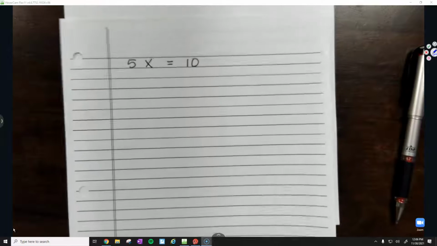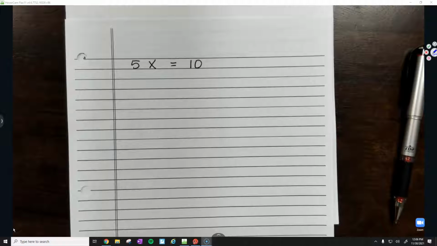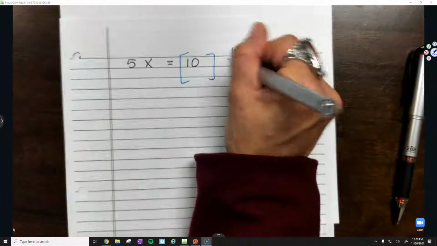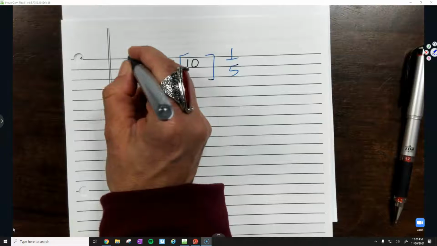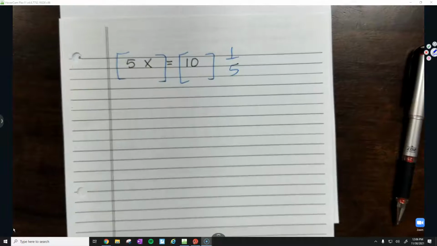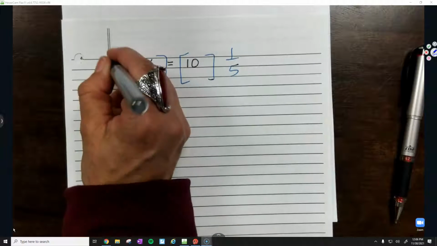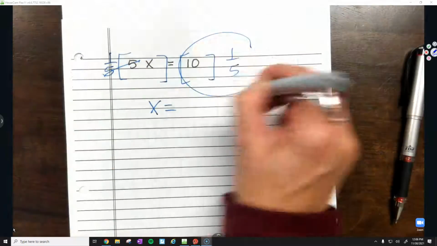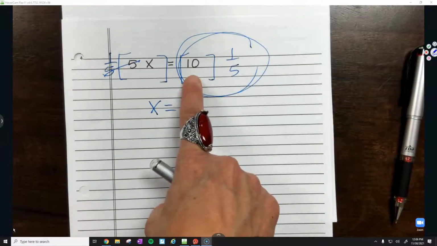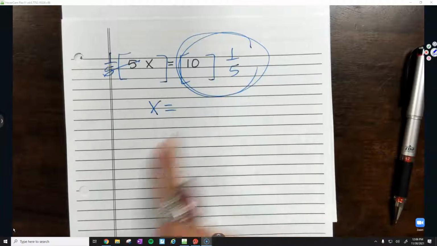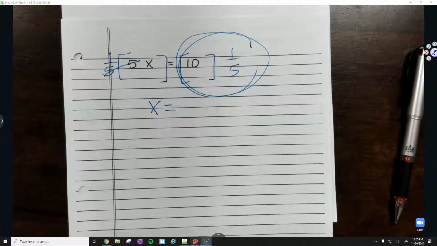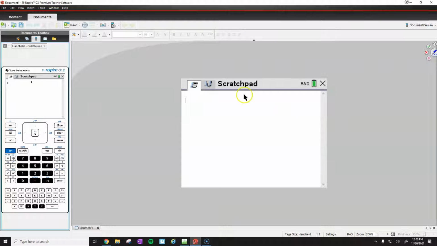What if I asked you to solve that equation, but you can't divide? What would you multiply both sides by? 1/5, very good, which is the reciprocal, which from now on you guys need to understand is the inverse. Of course, those would cancel out, and when I multiply the answer by the reciprocal, I get the letter. So, if you could please go to your calculator, go to the scratch pad, make sure it says scratch pad.